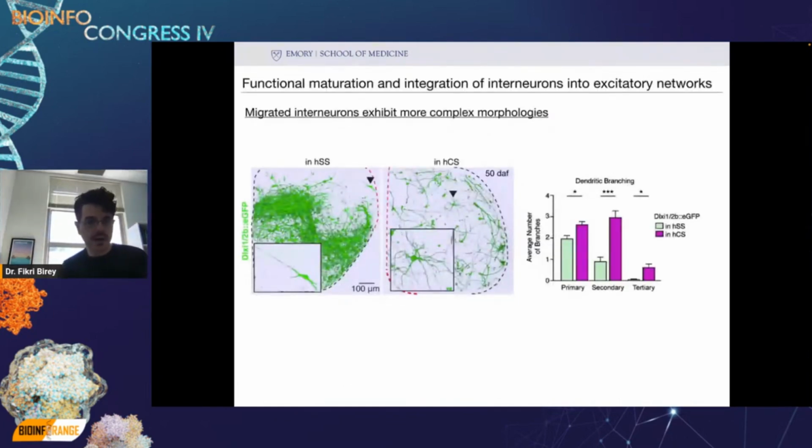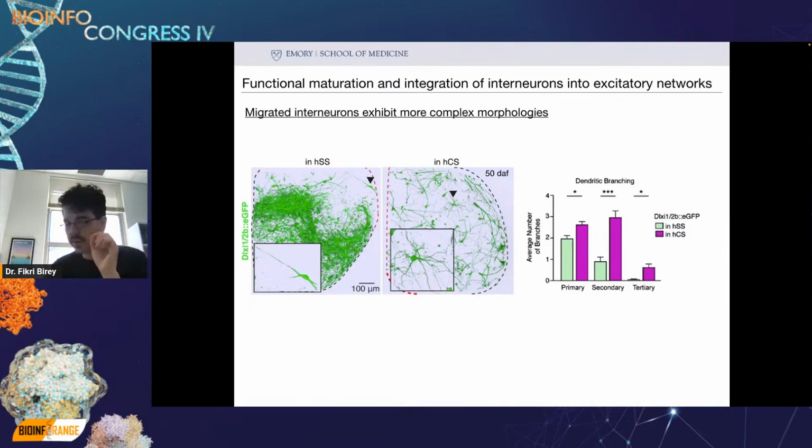So at that point, we were like, okay, we're able to model this migration phenotype quite well, but are they really sort of following their developmental trajectory, and after migration, stopping, branching out, and really integrating with their dorsal forebrain counterparts, which are the glutamatergic neurons? So to really address these sets of questions, we first started by looking at morphology.